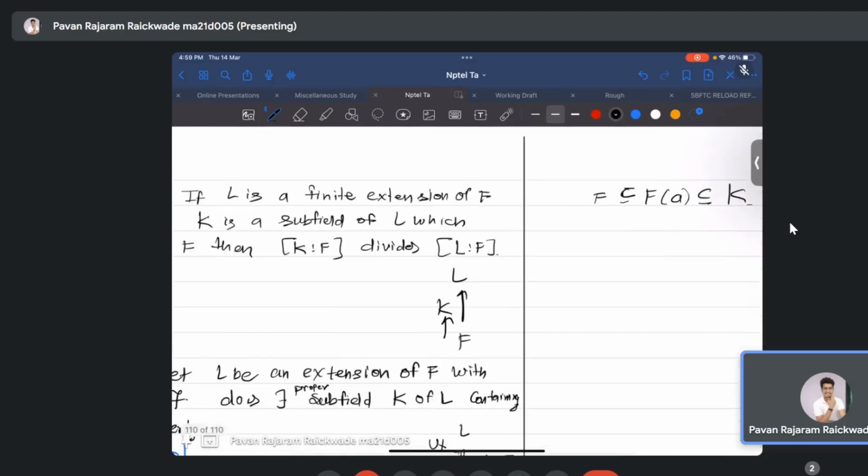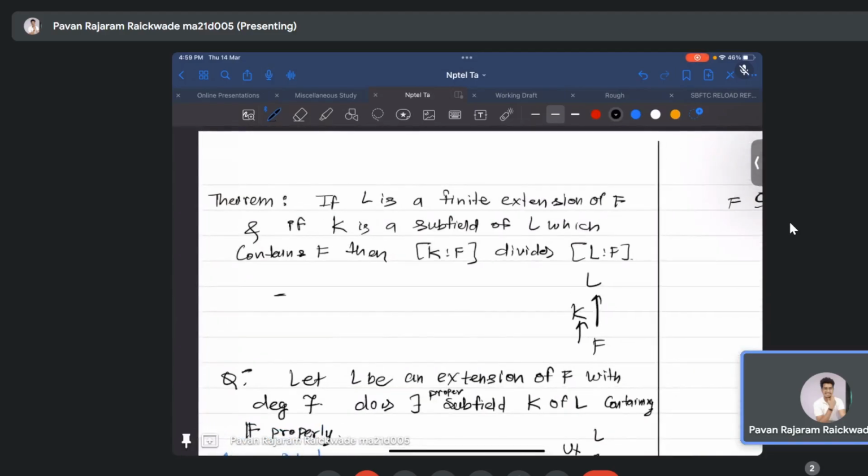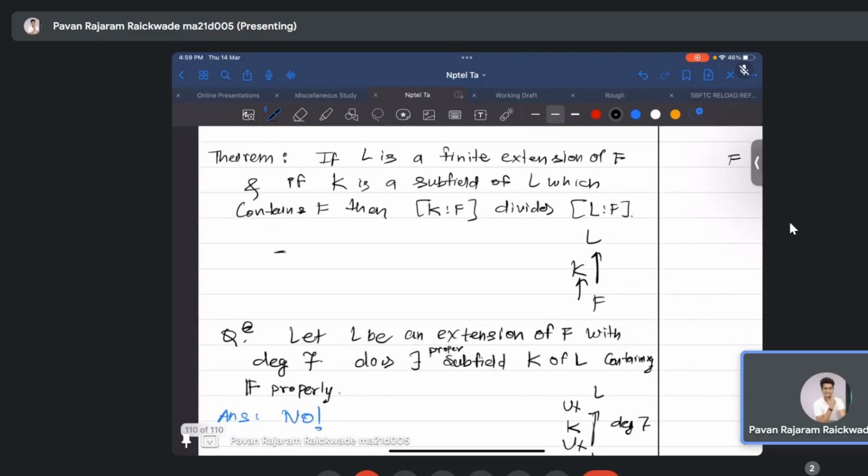So here you can observe, again for this theorem, a similar question can arise: prove that for any finite extension L, you can show L is exactly equal to F(a) for any a belonging to L which is not in F. Because then F(a) will be a subfield.